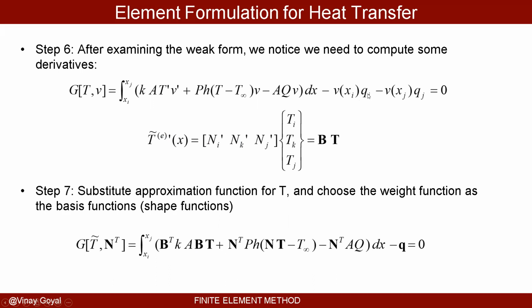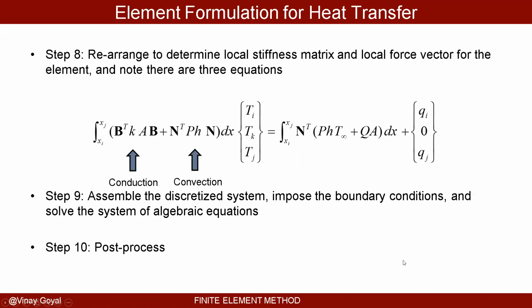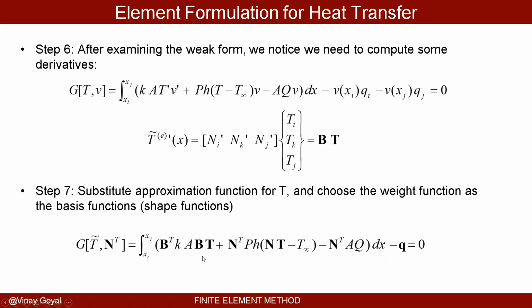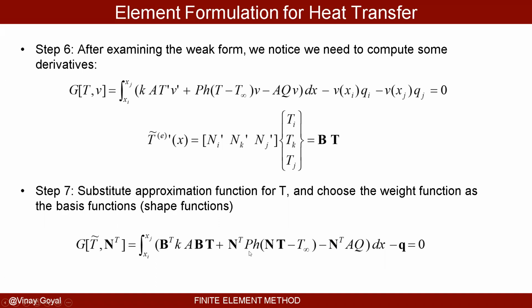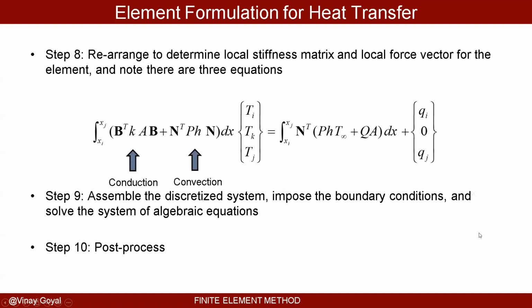And then this can be put in a column vector very simply. You can rearrange the whole thing. So notice how this T bold and this T bold can come outside of the integral. This term and this term went to the right-hand side because there's no T bold in them.